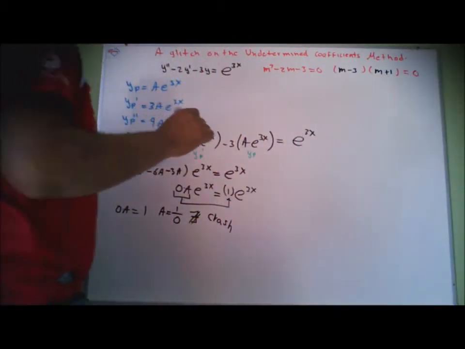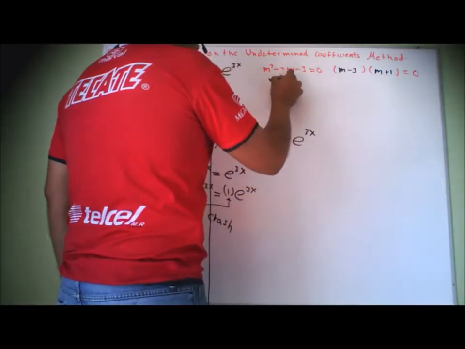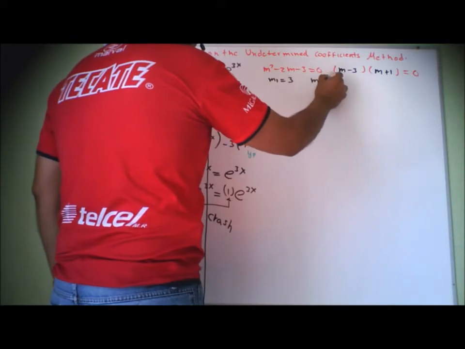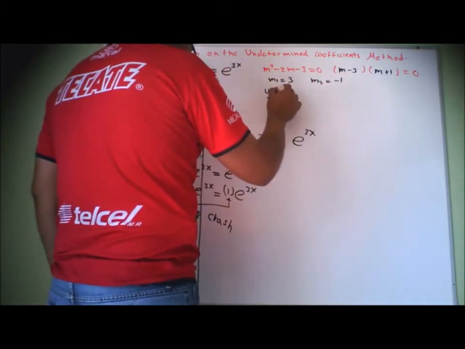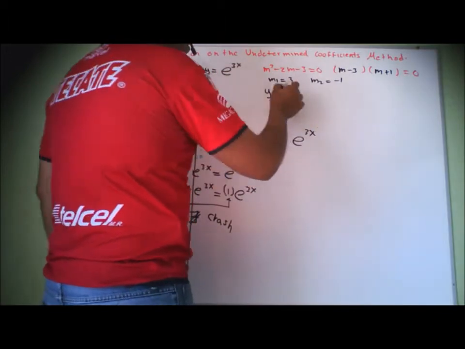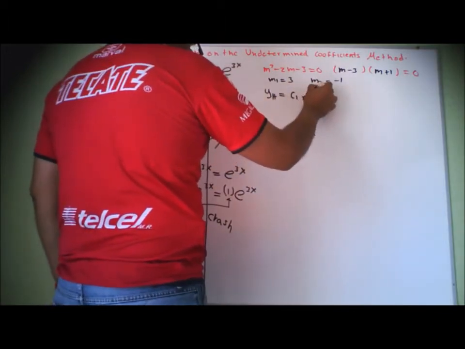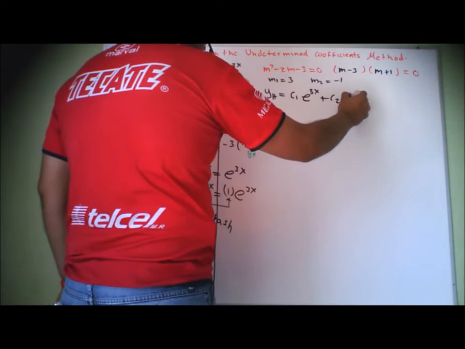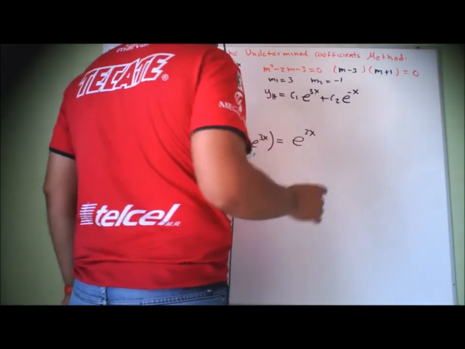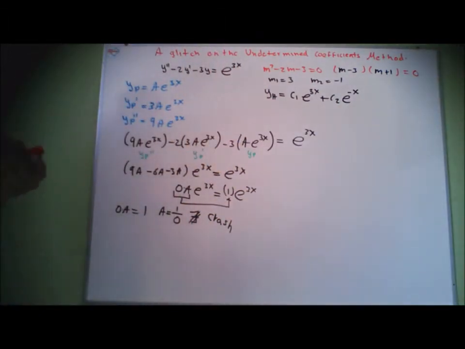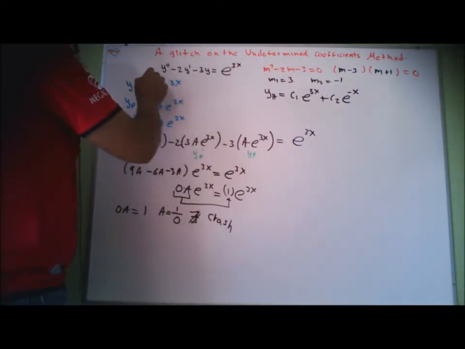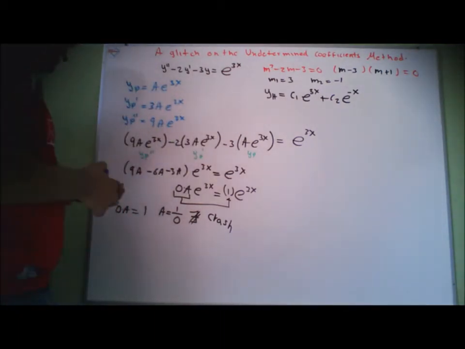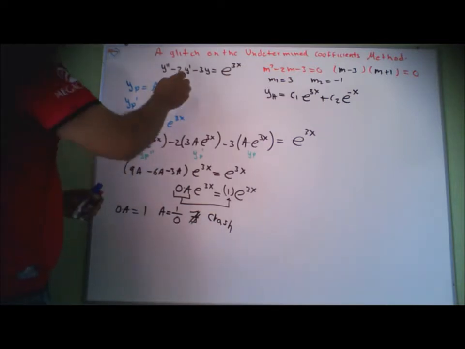So my first root is equal to 3 and my second root is equal to minus 1. So the homogeneous solution is c1 exponential of 3x plus c2 exponential of minus x.